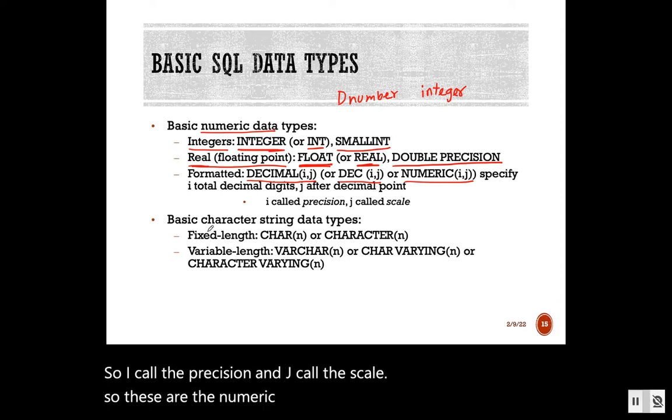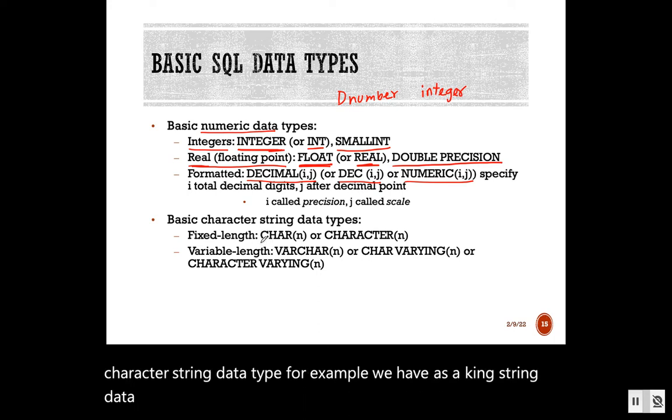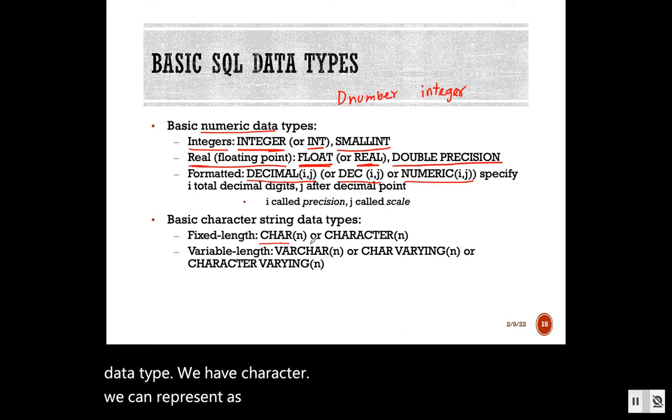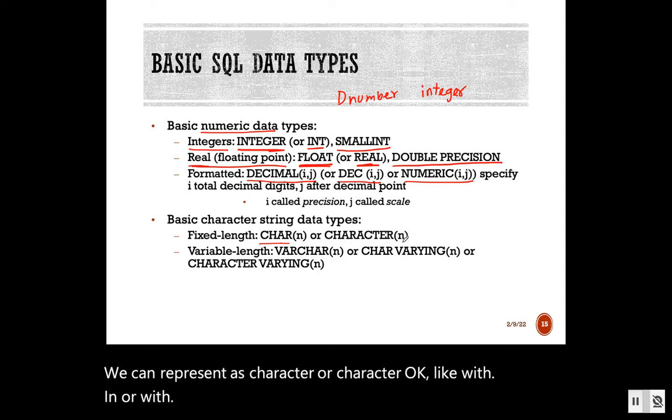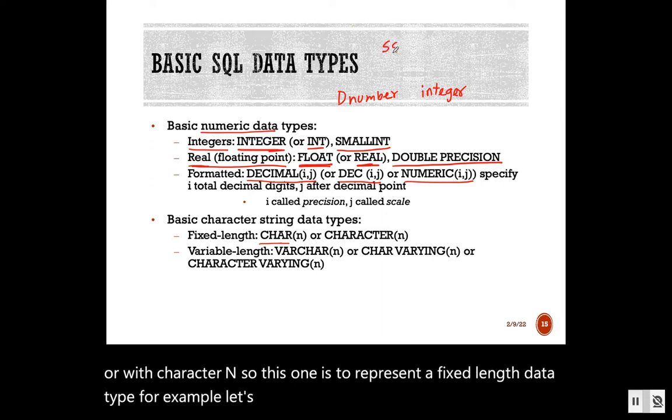Now we have some basic character string data types. For example, we have character, which we can write as char(n) or character(n). This one is used to represent a fixed length data type. For example, say you want to specify the attribute SSN.